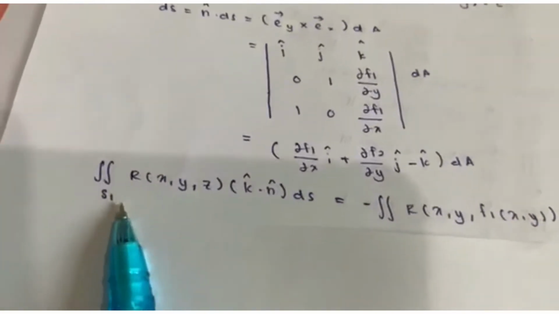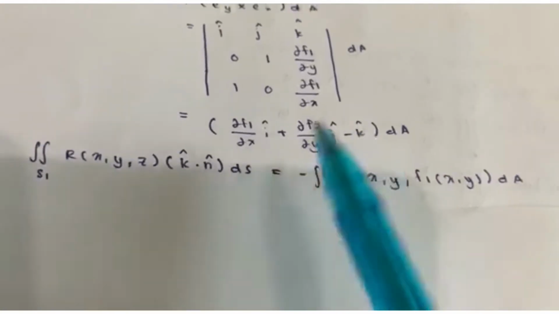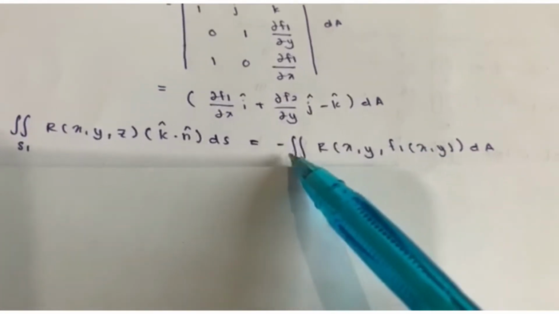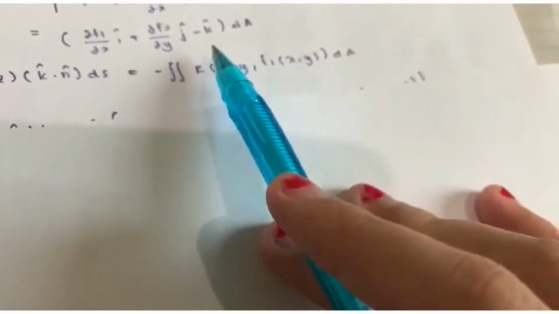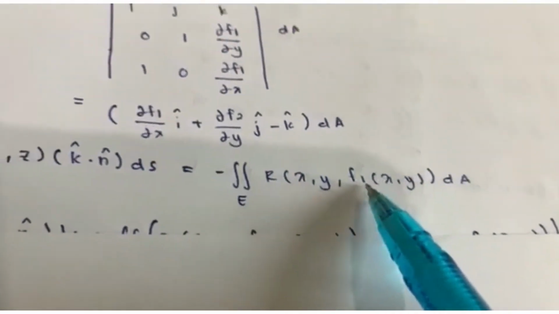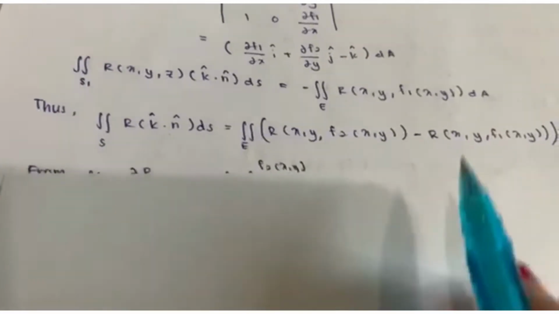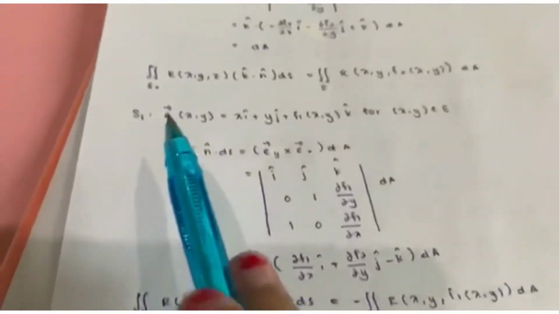We get the double integral over S1 of R(x, y, z) k dot n dS is equal to negative, because this k is equal to negative, the double integral over E of R(x, y, f1(x, y)) dA.